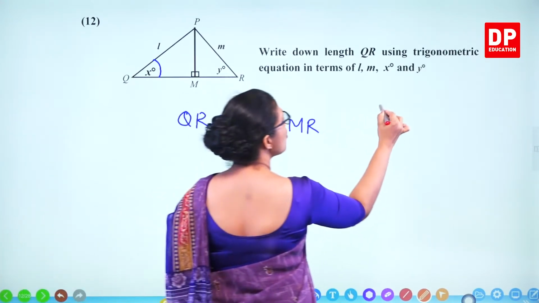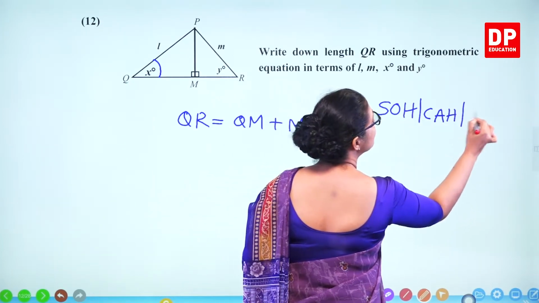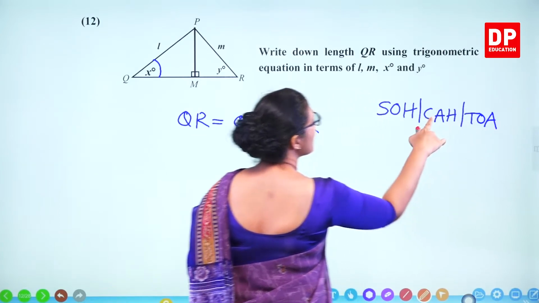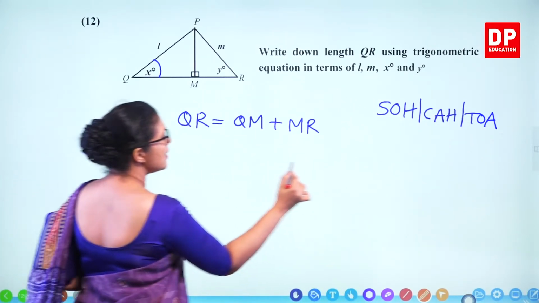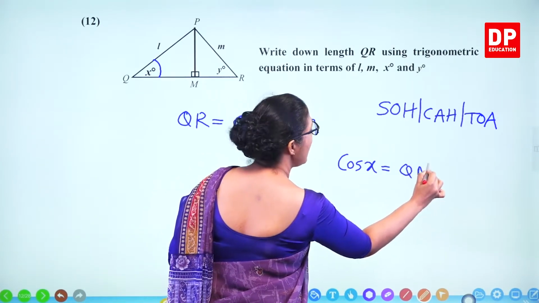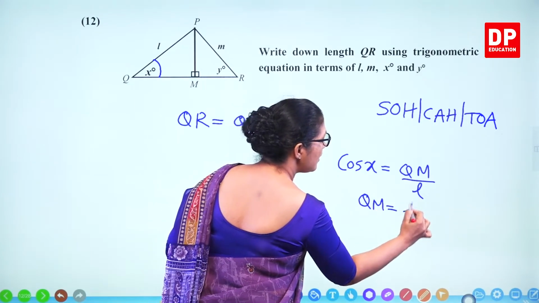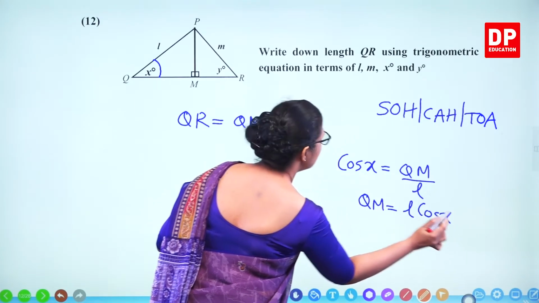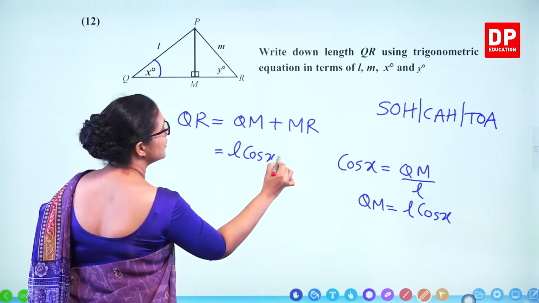So according to SOHCAHTOA, adjacent and hypotenuse is cos. So we know that cos x is QM over L. So what is QM? L cos x. So you can substitute here L cos x.